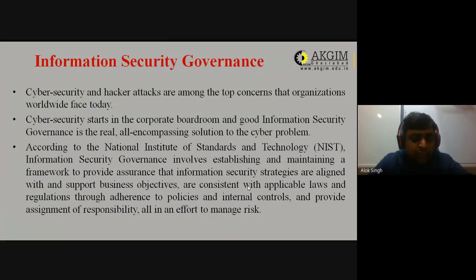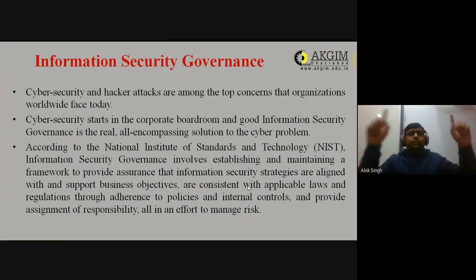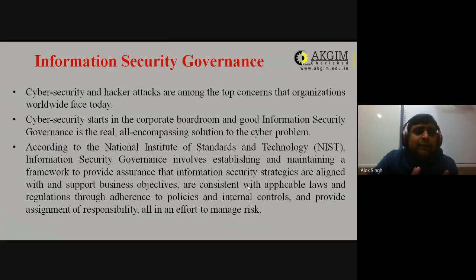For example, in this pandemic situation, a lot of cyber attacks are happening. The government has issued advisories to common people, and banks are also giving advisories through SMS, through messages, or through displaying paper notices on the walls of banks. These are part of information security governance.